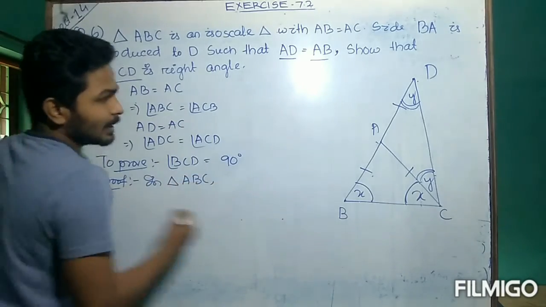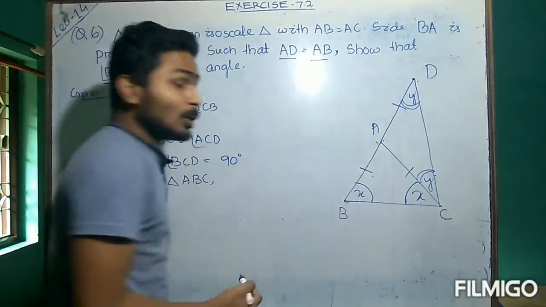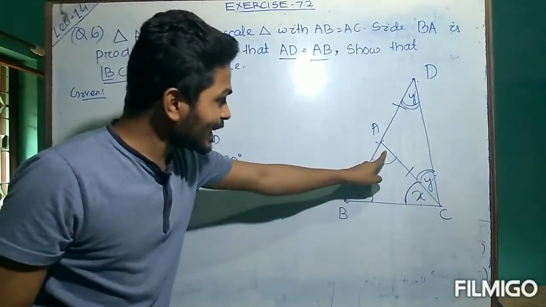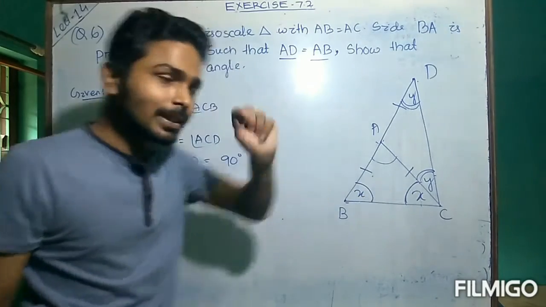In triangle ABC, we know that the sum of all the angles is equal to 180 degrees. So this angle plus this angle plus this angle is equal to 180 degrees.